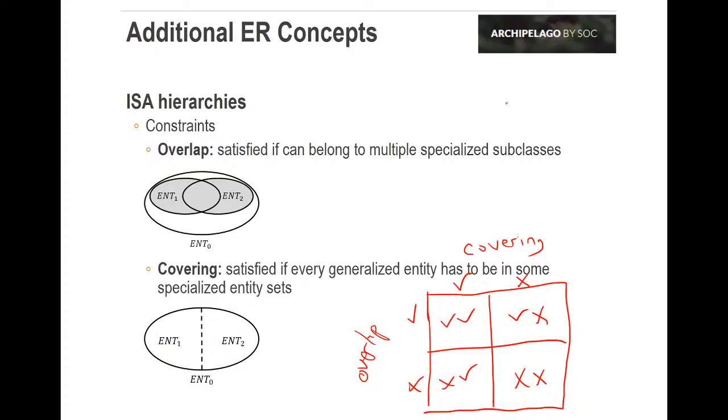We also have 4 kinds of arrows. You can imagine that if it satisfies both overlap and covering, then it must be this arrow.